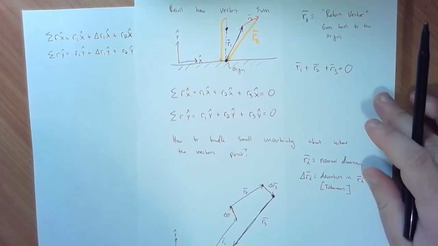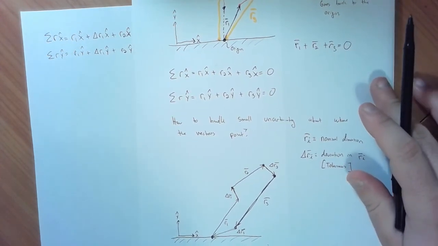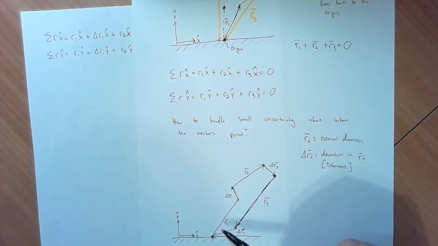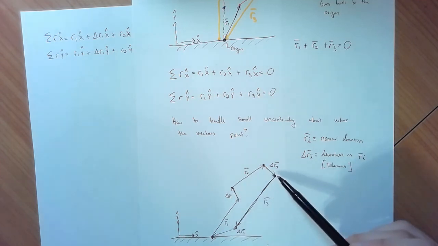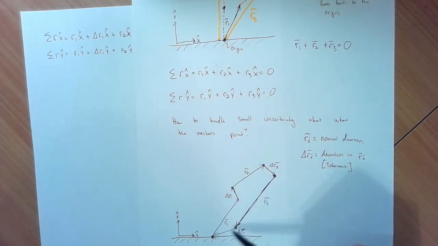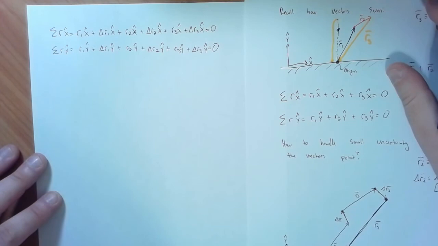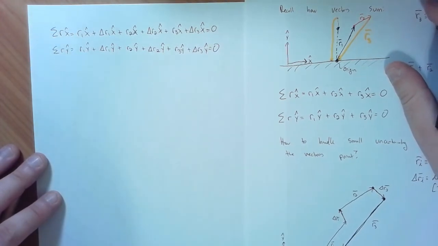And then you can even account for uncertainty in those dimensions, uncertainty in where those vectors actually land. But if you create a situation where you're always wanting to get back to the origin, they still sum to 0. So that's really the fundamental basis underpinning how these tolerance loops work.